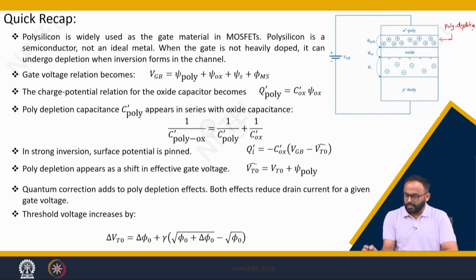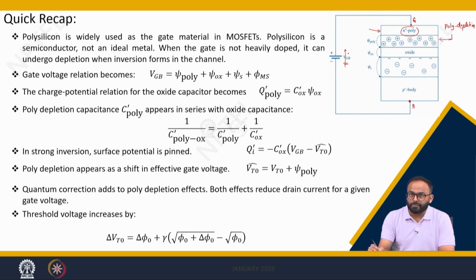Meaning, if you consider a two-terminal system, which is gate and body, and you apply a gate to body voltage, considering the gate is made up of polysilicon, then when you apply a positive voltage, there will be a depletion in the polysilicon.